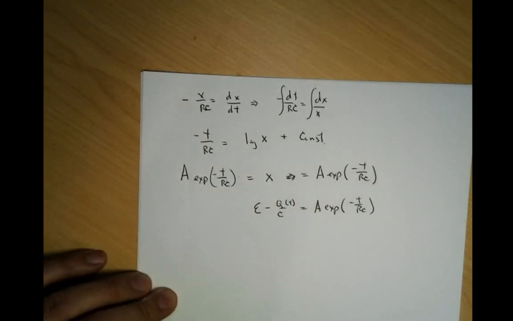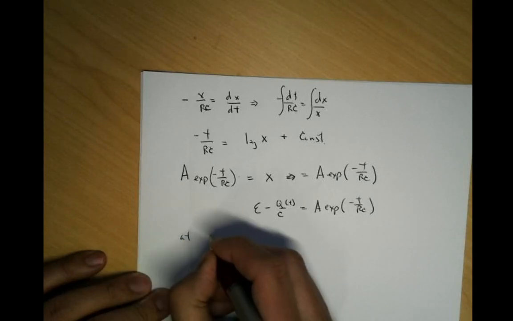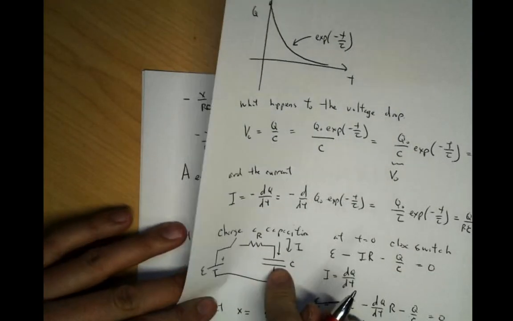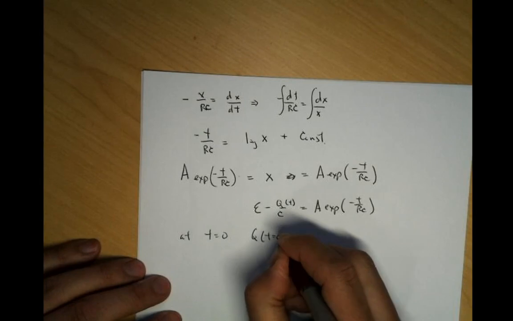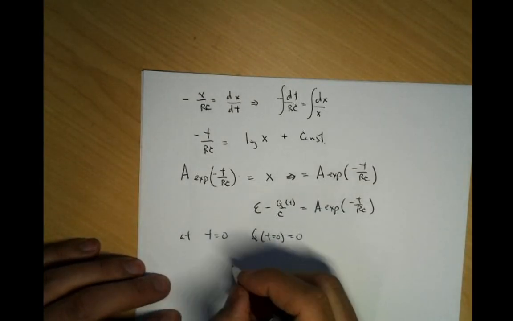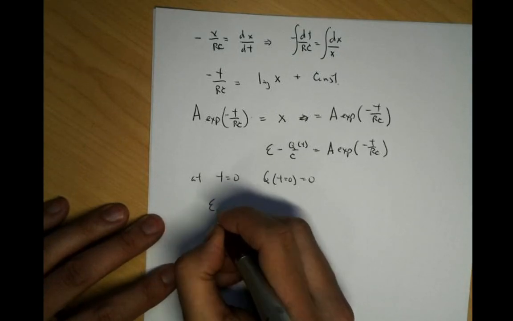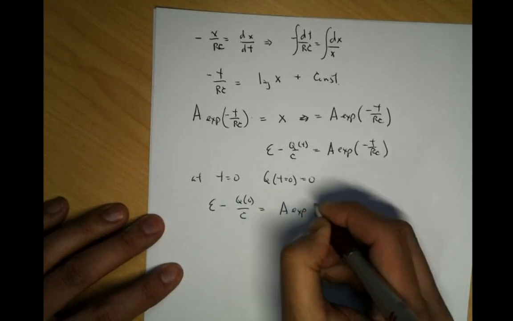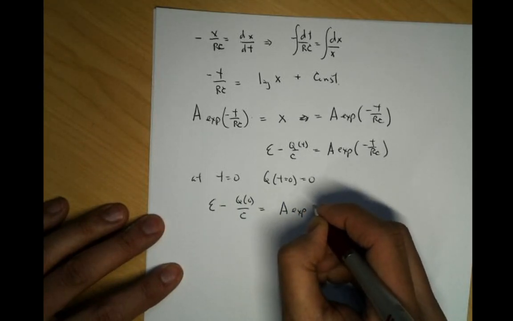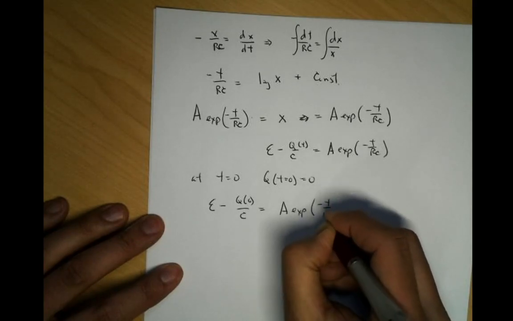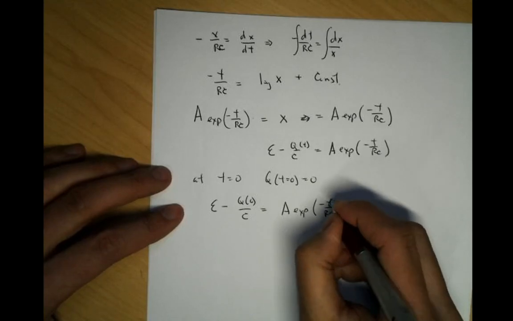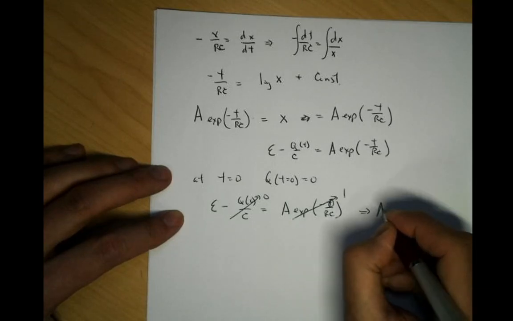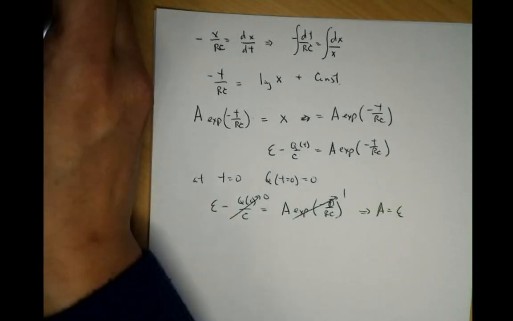I would need to know a critical piece of information. At t equals 0, I'm going to assume the capacitor is initially uncharged. Q of t equals 0 is equal to 0. If you plug this in, that means epsilon minus Q of 0 over C is equal to A exponent minus 0 over RC. Okay, sorry, it's 0 again. So that goes to 1, and this goes to 0, and so that means A is equal to epsilon. And now we are done.